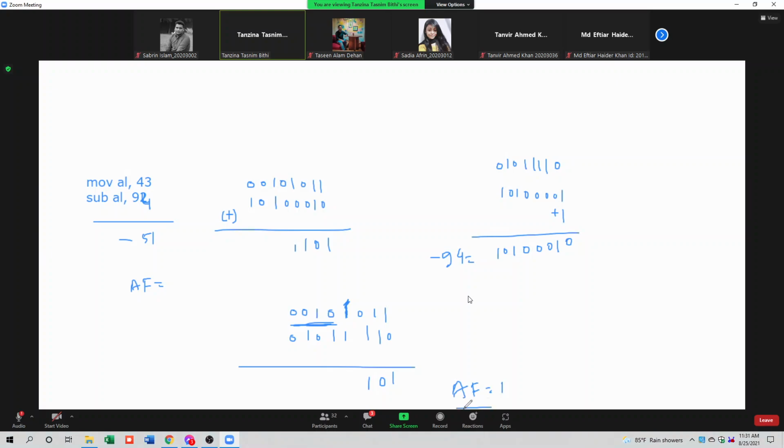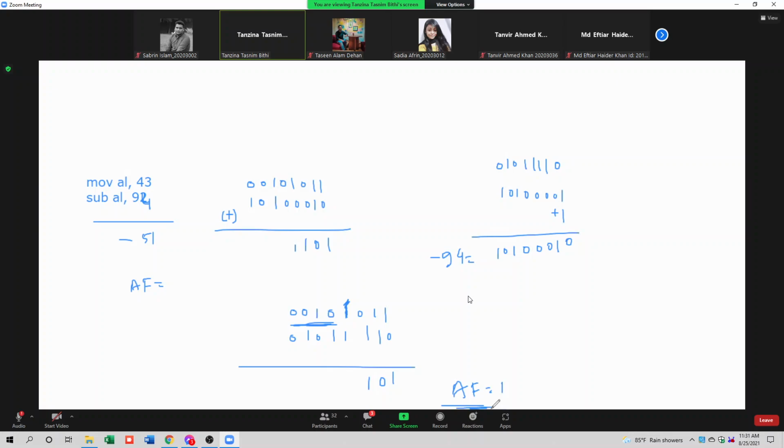So when a carry bit is added from the low order 4 bits to the high order 4 bits, the auxiliary flag register will be set, and when we take a borrow from the high order 4 bits, its value will be 1. Clear?